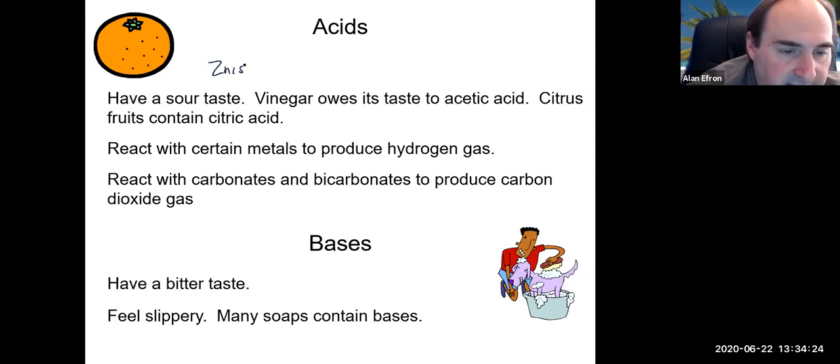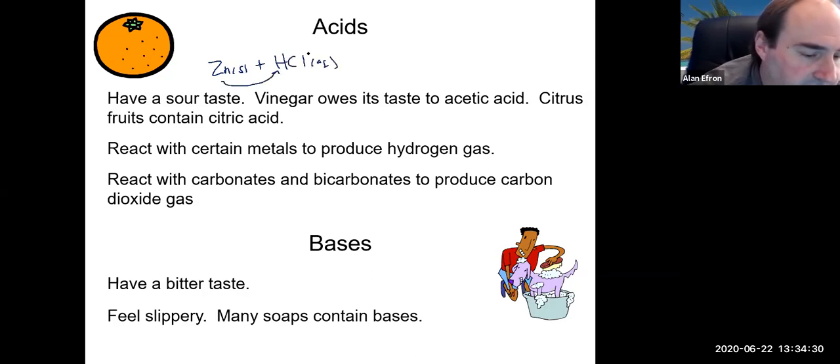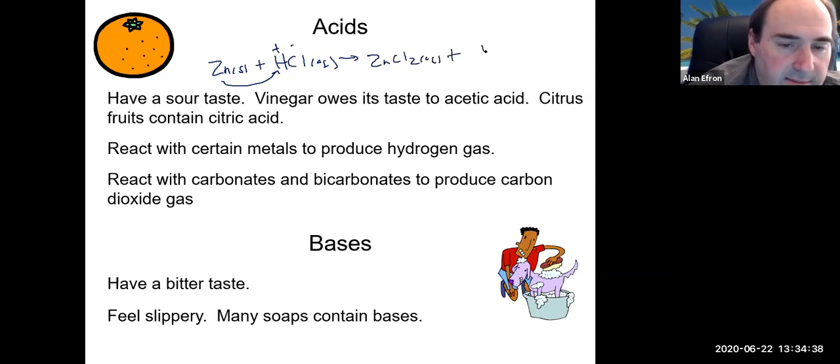If we took some zinc metal plus some hydrochloric acid, it will do a single replacement reaction where the zinc would come in and kick out the hydrogen, and we'll get some zinc chloride plus some H2 that's being generated. That's a gas.